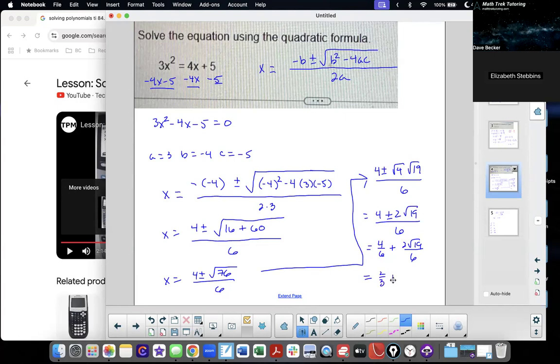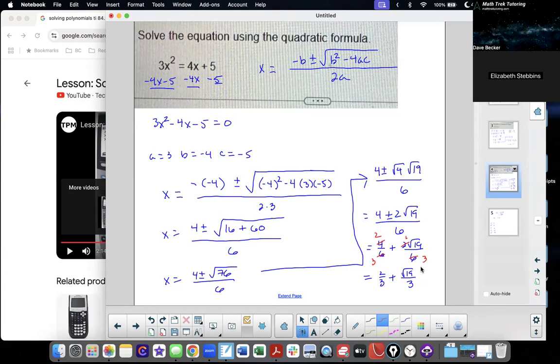Okay. And do you see how I got this? No. Well, 4 over 6 simplifies to 2/3, and 2 over 6 simplifies to 1/3.